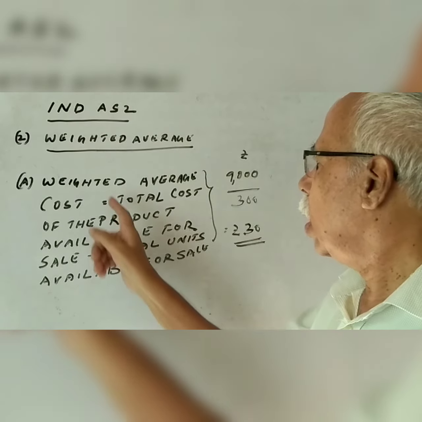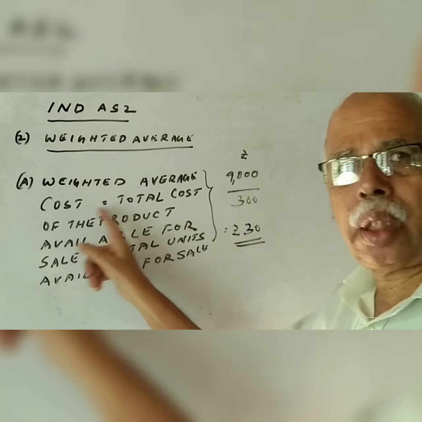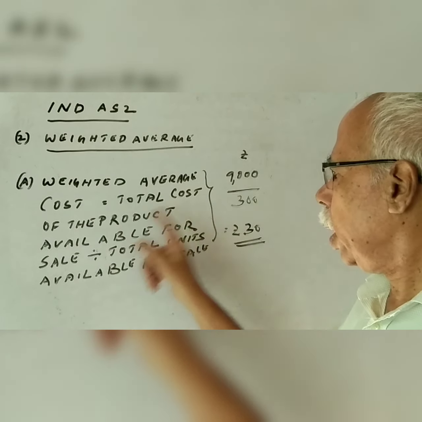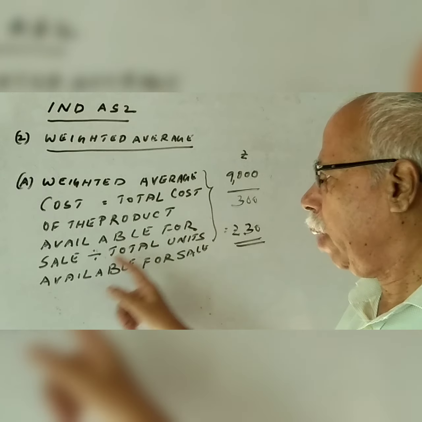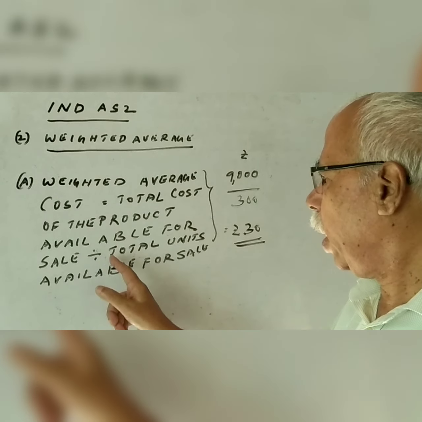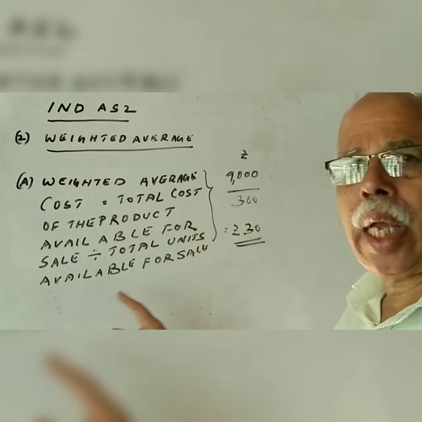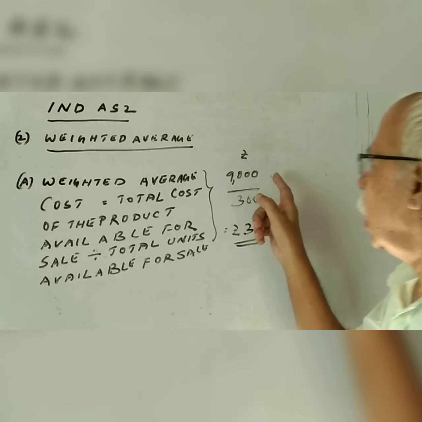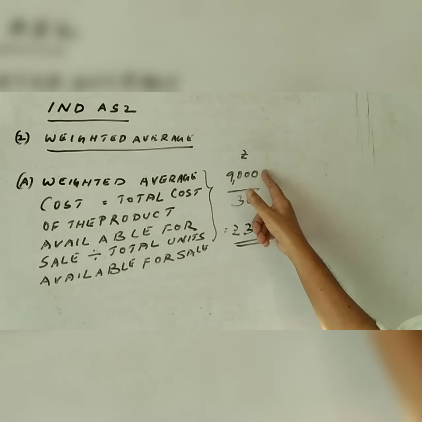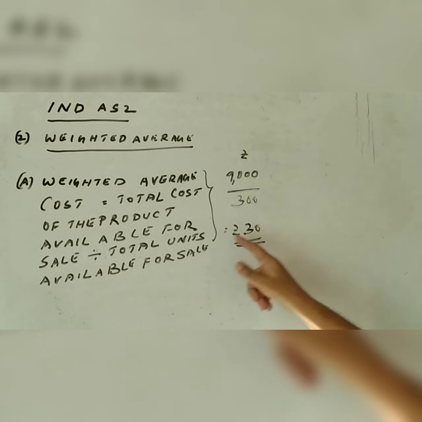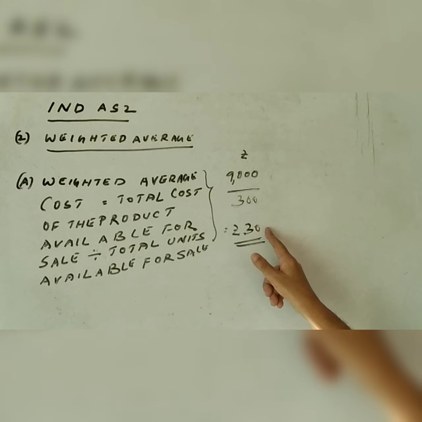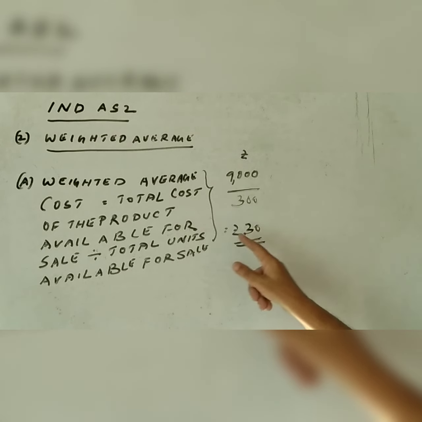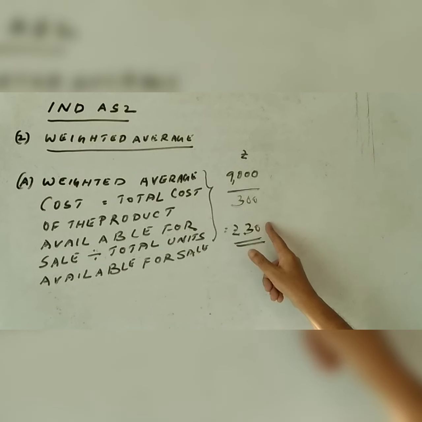The formula is weighted average cost is equal to total cost of the product available for sale divided by total units available for sale, which is 9,000 divided by 300 is equal to rupees 30. So the cost of each unit of the item will be rupees 30. This is the weighted average cost of a unit.